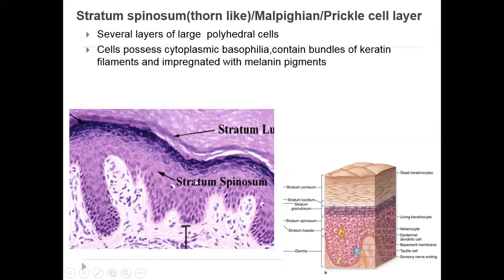So they have basophilia, contains keratin filaments. So keratin is a structural protein that can be seen in keratinocytes, and they also have melanin pigments. Melanin pigments in this layer are produced by a non-keratinocyte, which is located here in the stratum basale. So it produces melanin granules, and that is present in this layer, stratum spinosum.